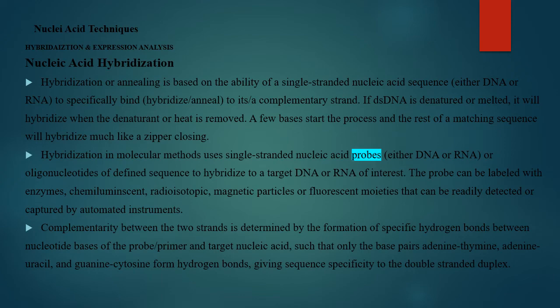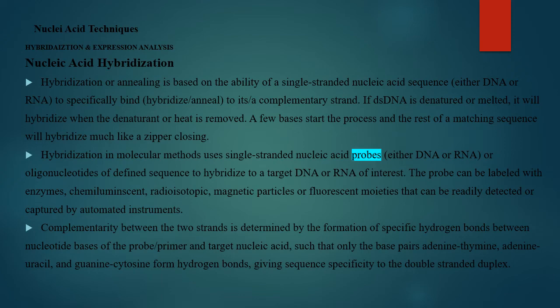You introduce quabia into a system where adomako is found. Before you send the quabia, you label it with either an enzyme, chemiluminescent, a radioisotope, magnetic particles, or a fluorescent material. When quabia finds adomako and binds, then your magnetic or whichever probe which has been labeled can now be detected by an automated system.